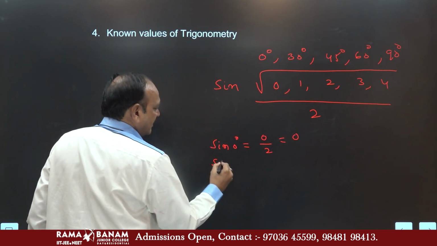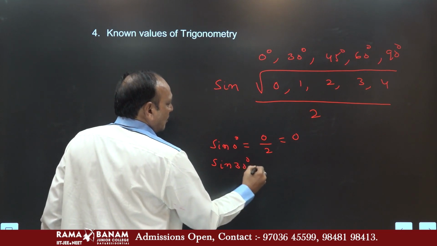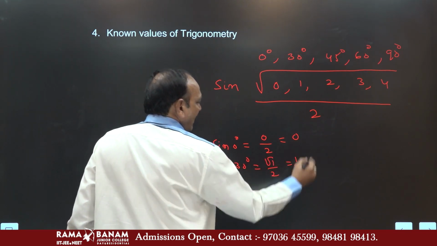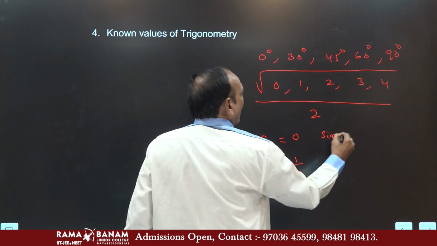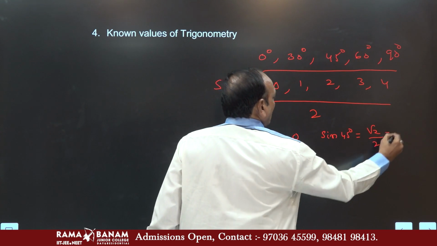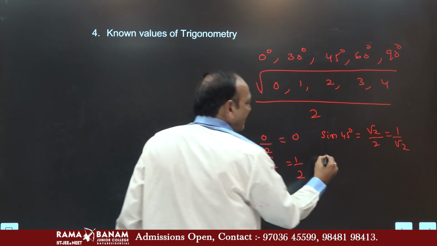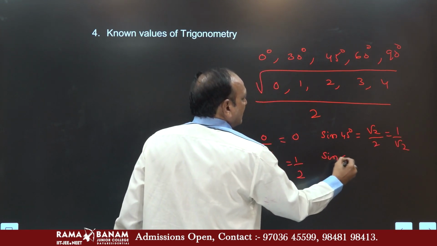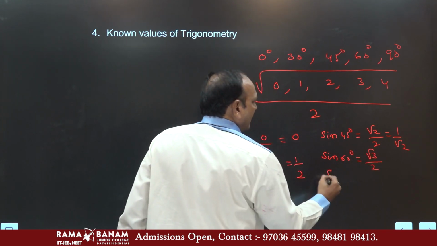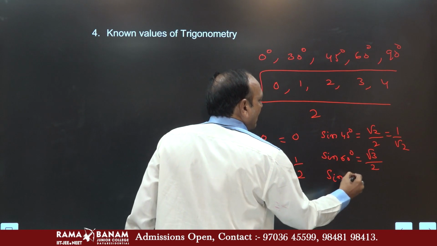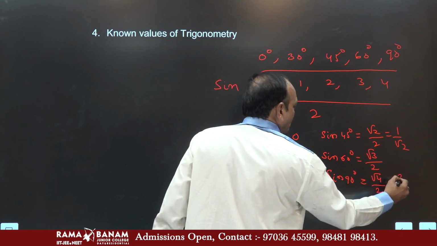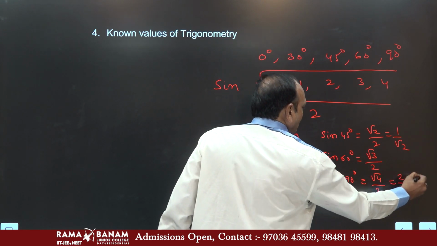Sin 30 degrees, root 1 by 2, that is 1 by 2. Sin 45, root 2 by 2, that is nothing but 1 by root 2. Sin 60 degrees is nothing but root 3 by 2. Sin 90 is nothing but root 4 by 2, that is, root 4 is nothing but 2, so 2 by 2 is equal to 1.